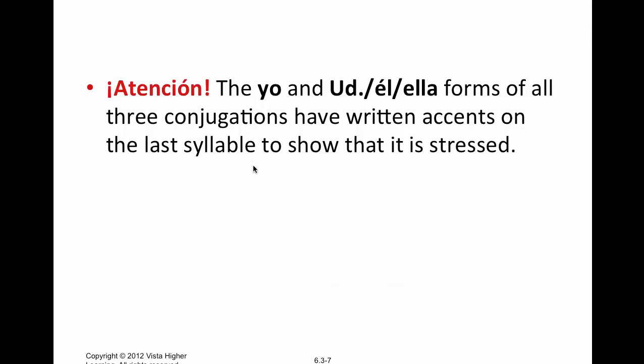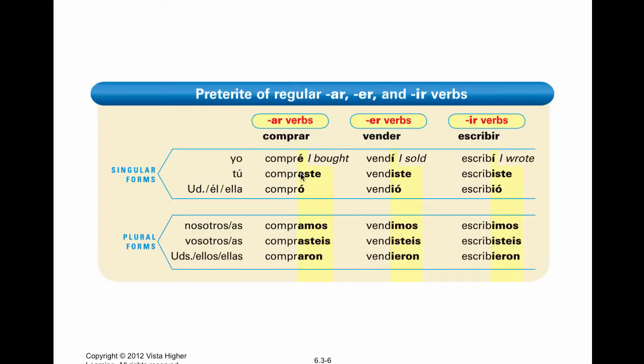Okay, atención. The yo and usted, él, or ella forms of all three conjugations have written accents on the last syllable to show that it is stressed. Very important. So we see here the ó, the ió, or the í here, or also in the first person, the compré, vendí, or escribí. We think in English sometimes, I believe, that maybe accents are just for show. They're something that we just do in Spanish. But in fact, they can almost always change the meaning of the word itself.